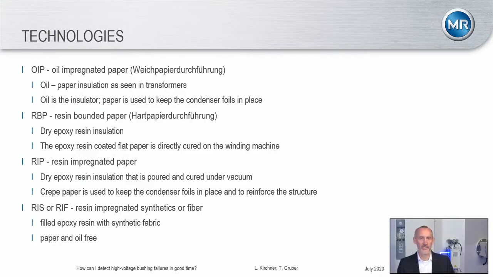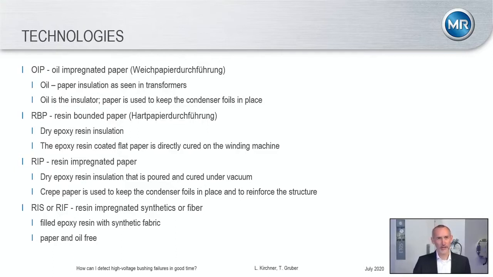And it's a complete paper-free bushing, but be careful, that doesn't necessarily mean that this bushing is not sensitive to moisture. If you have a RIP or RIS bushing and you store such a bushing, it's very important to keep the oil part, or the gas part if you use it for SF6, under dry conditions. So usually you have a tank and you put this part of the bushing in dry oil or in dry gas if you store it for a long time.